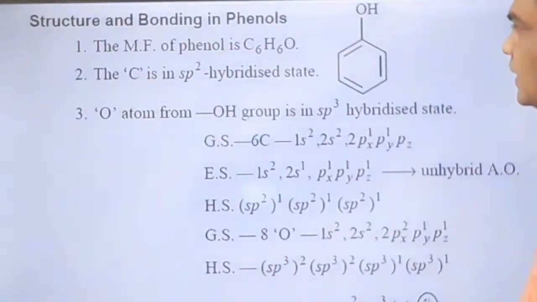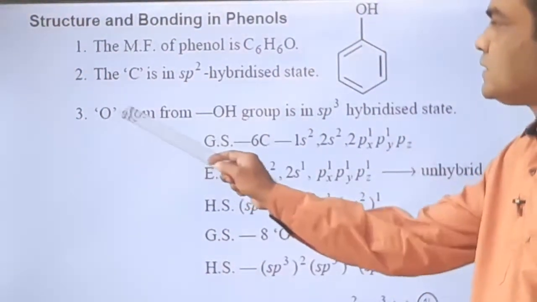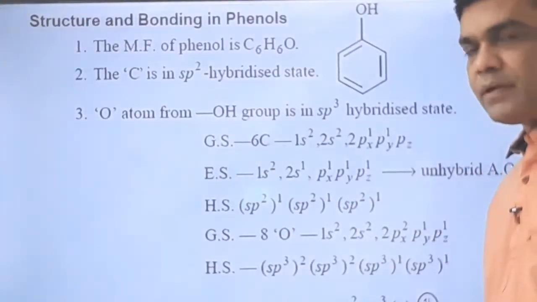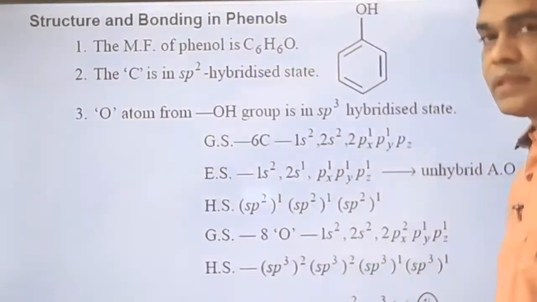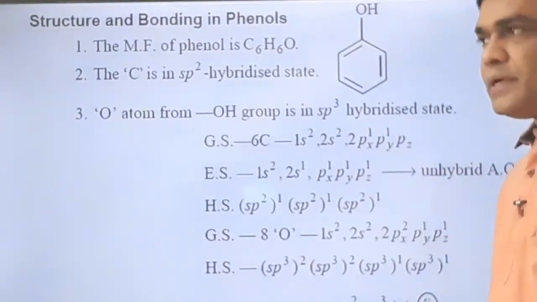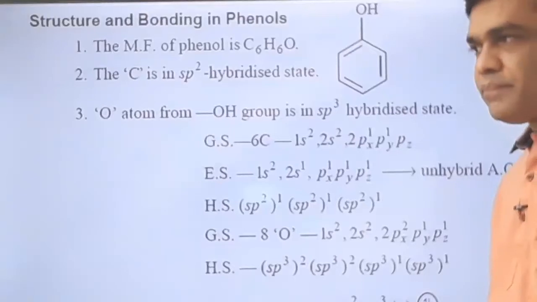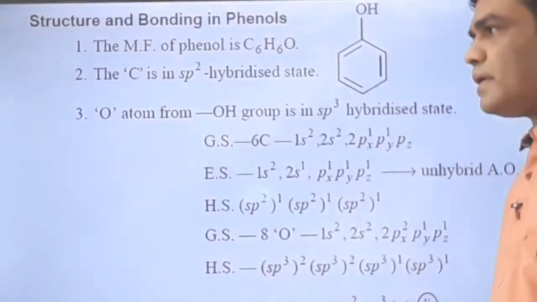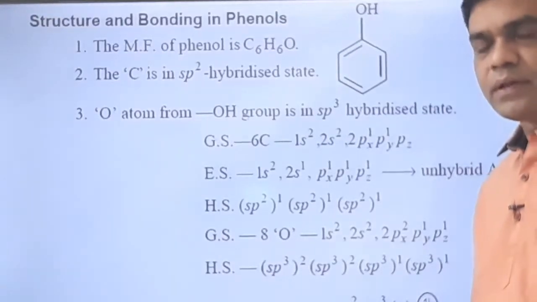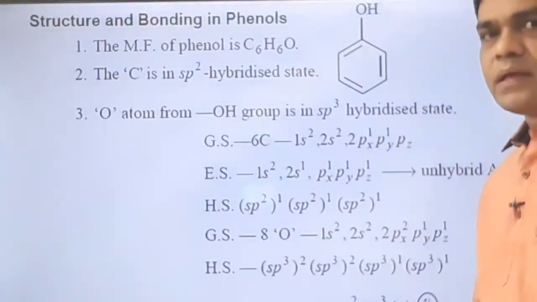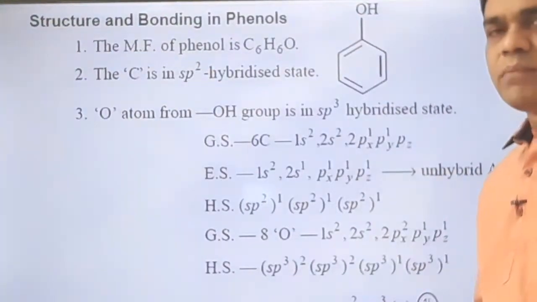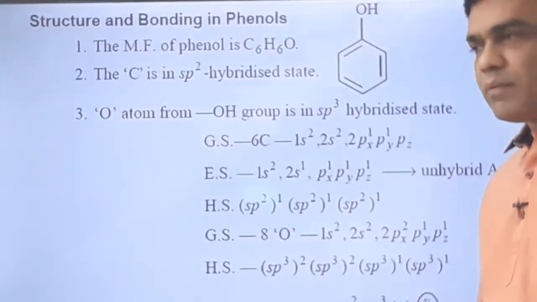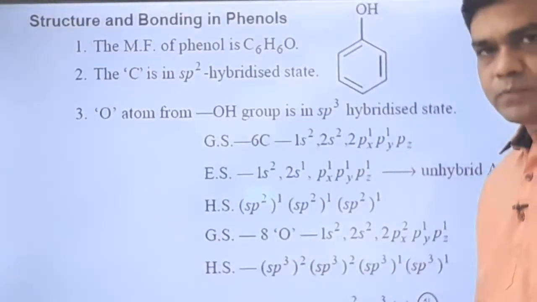Now what is the hybridization state of oxygen in phenol? This is the oxygen. For elements other than carbon, heteroatoms like oxygen, nitrogen, sulfur, along with the sigma bonds, count the number of lone pairs of electrons present on that element also.